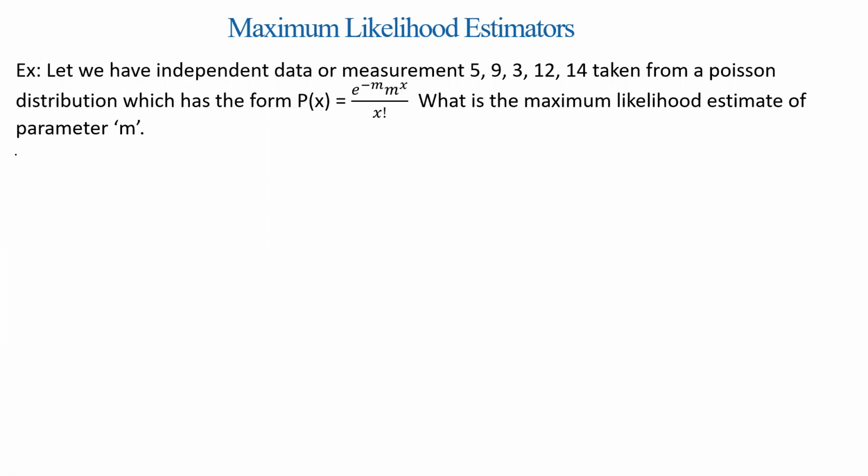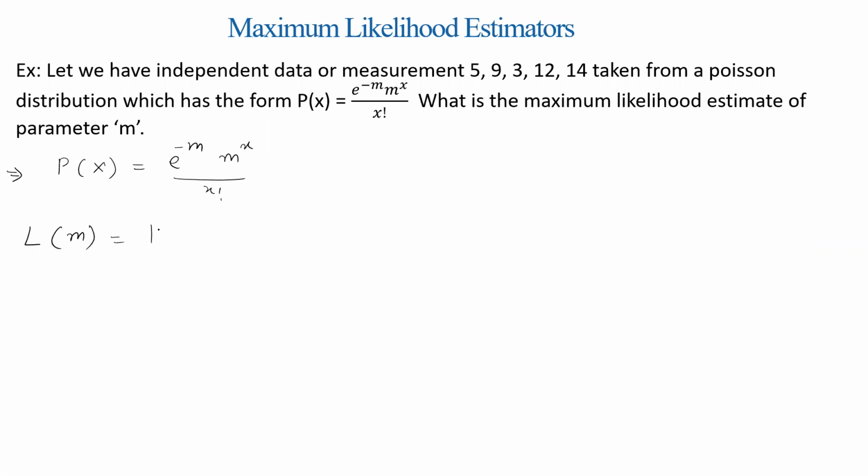So how do we go ahead with this sort of data set? If we have an X value given, which follows a Poisson distribution, e power of minus m into m power of x by x factorial, right? We have to find the maximum likelihood estimator. The maximum likelihood estimator is represented with L, and for whichever parameter I am finding, I will write that parameter.